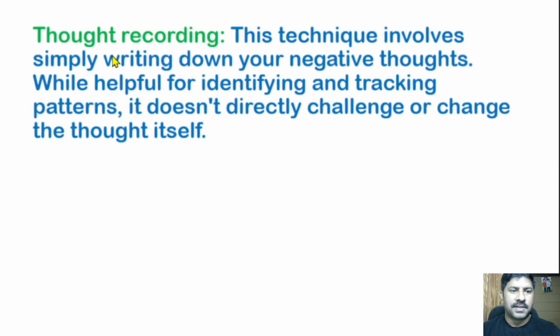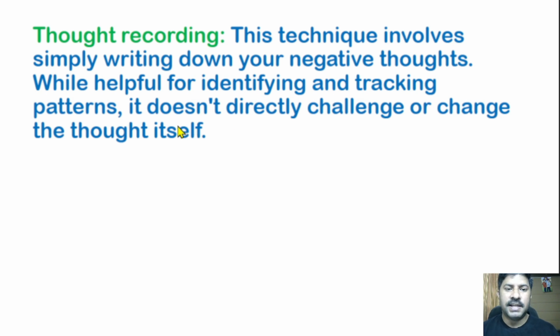Then thought recording. It is a more realistic technique. It involves simply writing down your negative thoughts. The person will write down the negative thoughts, and also record the time of the thought and the reason for those unwanted thoughts. Then he is able to understand what the actual problem is and can make a solution for it. It is helpful for identifying and tracking patterns.